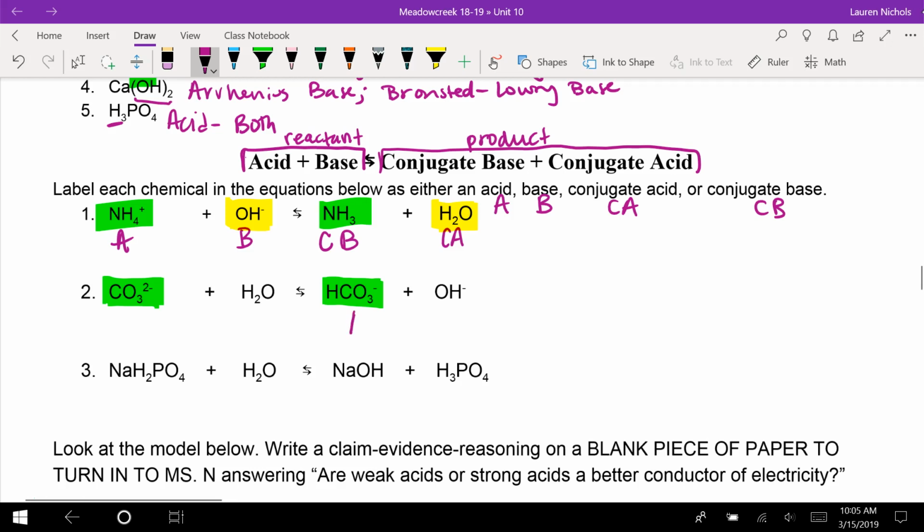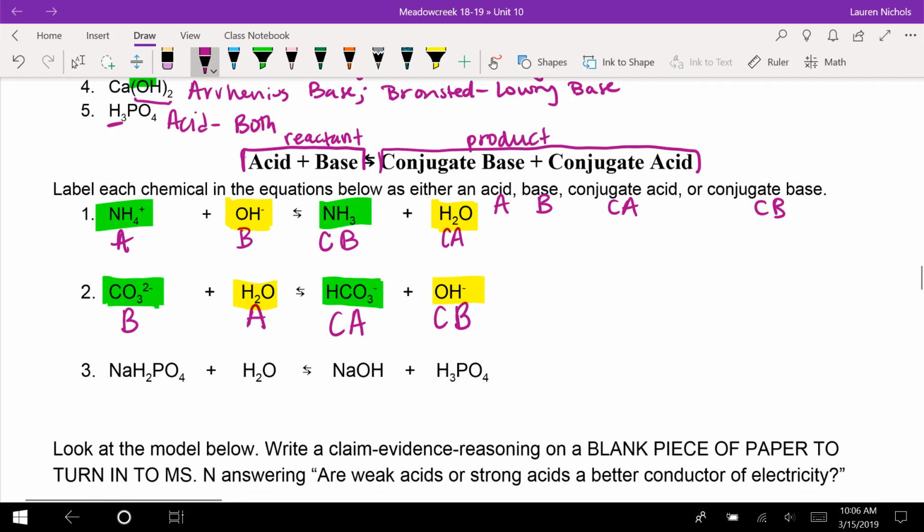So that must mean this is the conjugate acid and this is the base. Another way I know is that OH has to be a base, and so that means it's the conjugate base of water, which in this case is behaving as an acid. If you have water, I highly recommend labeling that one last, because it's a lot easier to figure out which one's behaving as the acid or a base by looking at the other options.